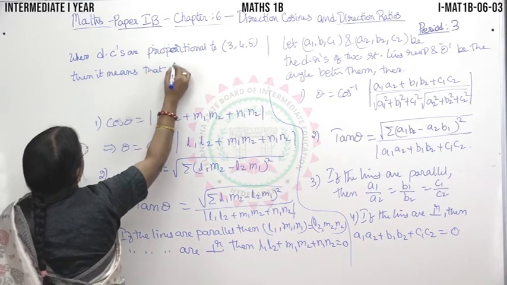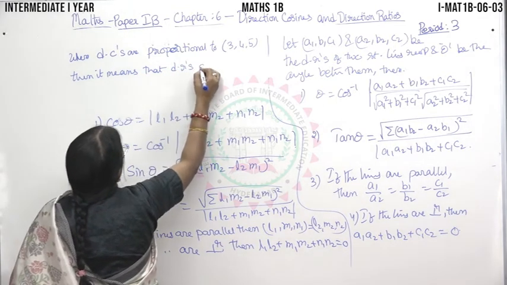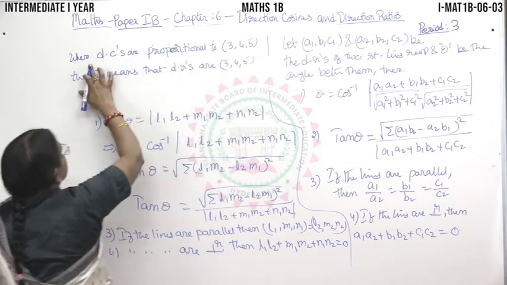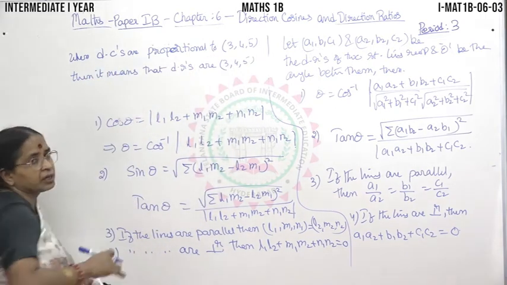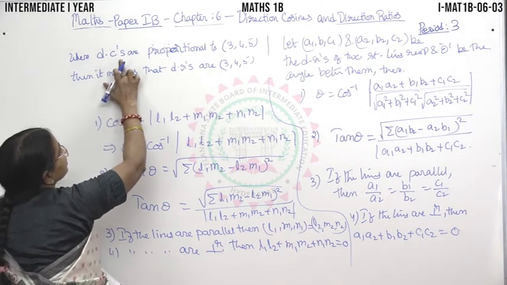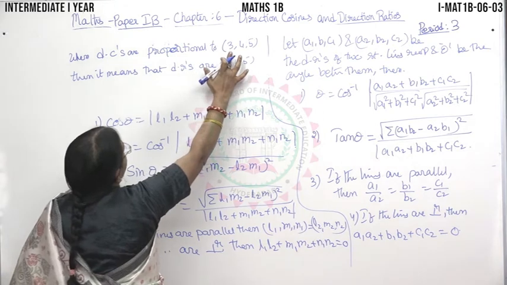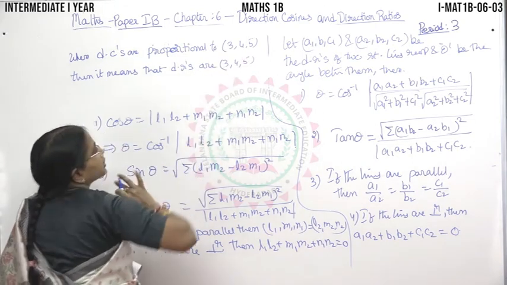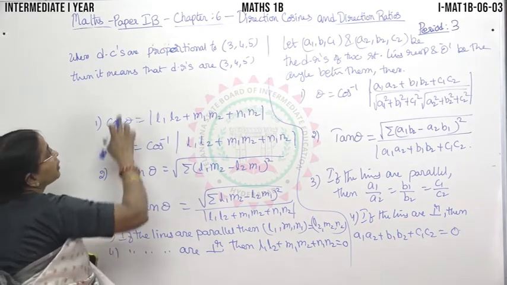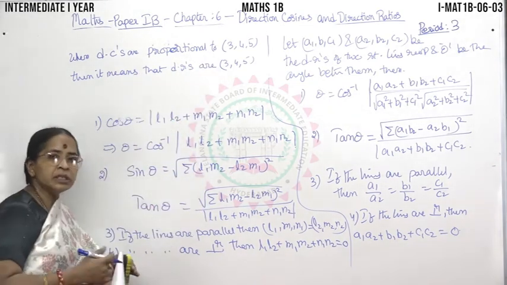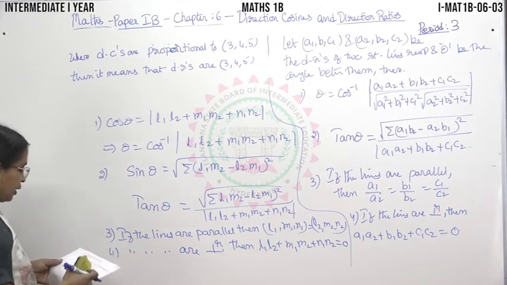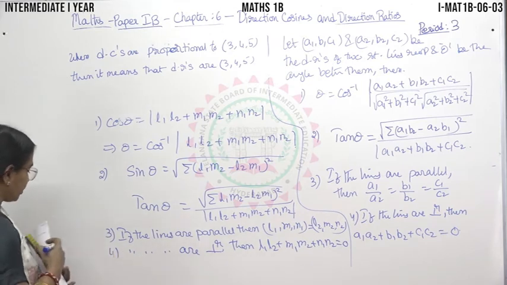It means that the DRs, direction ratios, are 3, 4, 5. So don't just see this word direction cosines. Read the complete sentence. Direction cosines are proportional to means they are the direction ratios. This is one point that you should observe in solving the problems.